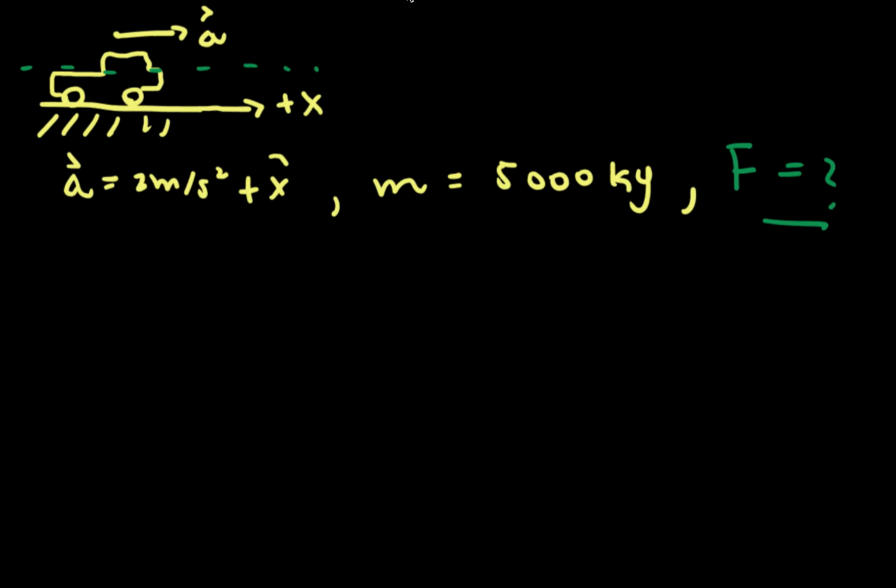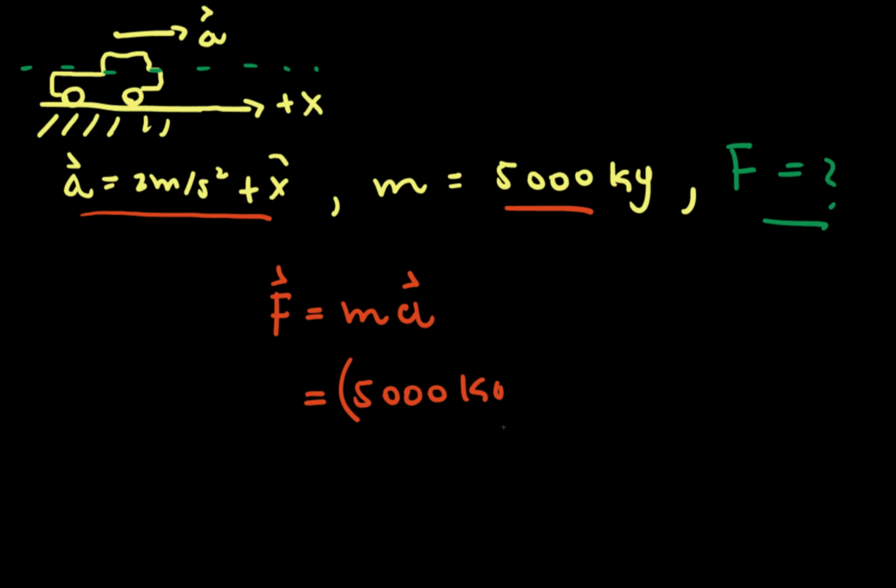So first thing we do is we state our working equation. Force equals mass times acceleration. I already said that the acceleration is 2 meters per second squared in the plus x direction, and the mass is 5,000, so it's just a matter of plugging in the numbers here. So this is 5,000 kilograms multiplied by 2 meters per second squared in the plus x direction.